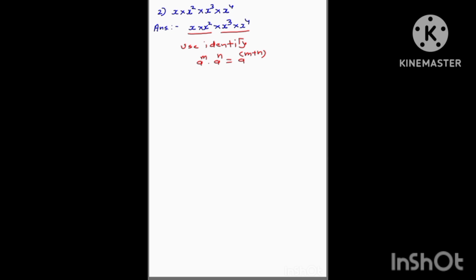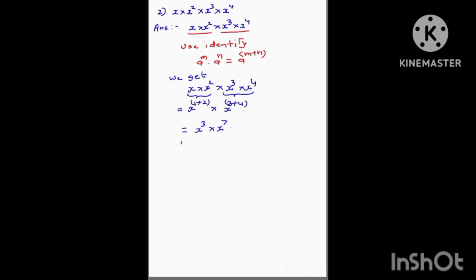So the identity will be a raised to m into a raised to n equal to a raised to m plus n. So for the first two terms it is x raised to 1 plus 2 into, for this, x raised to 3 plus 4. So we get x cube into x raised to 7.